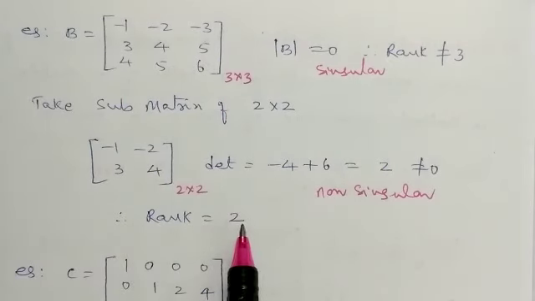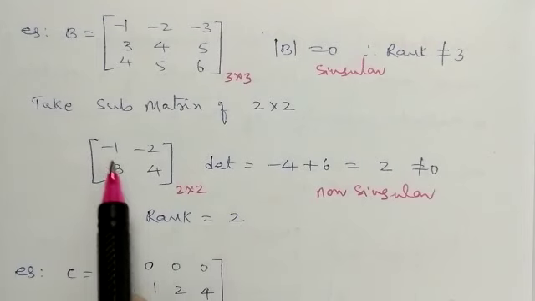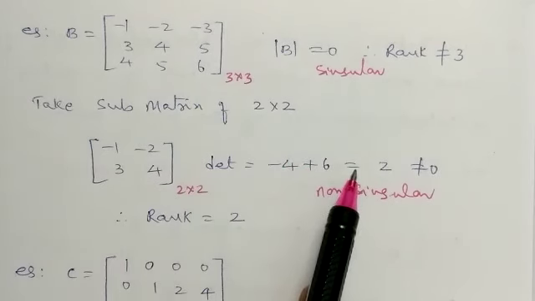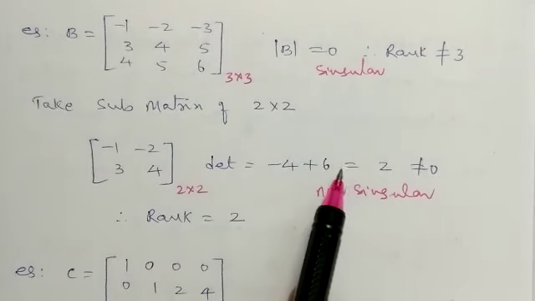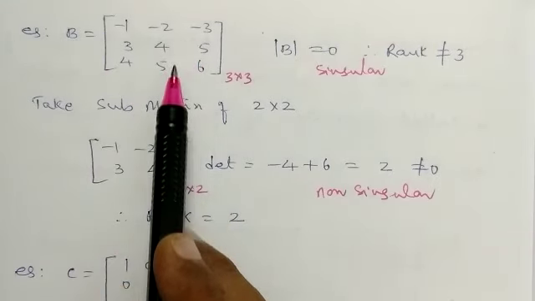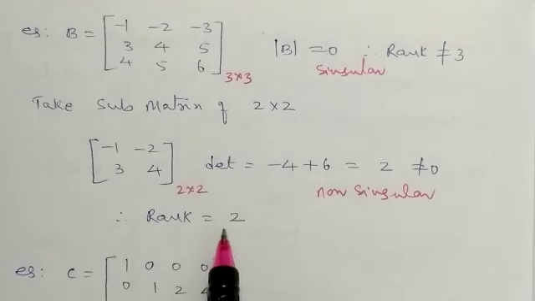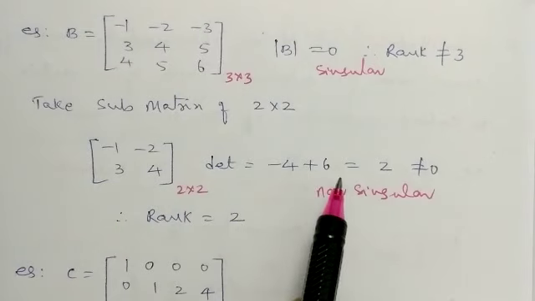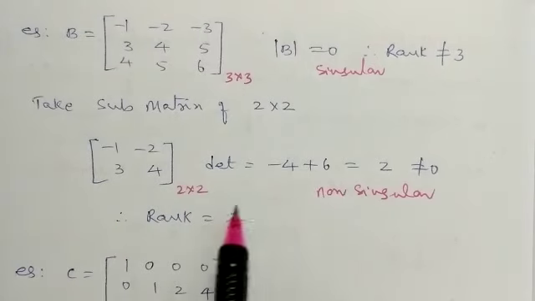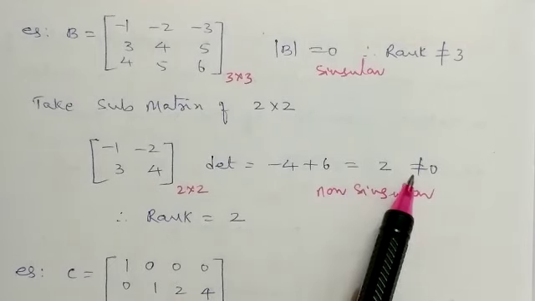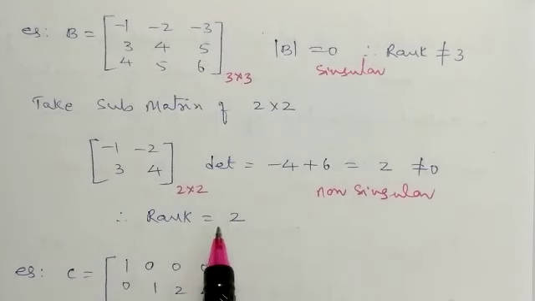If its det is 0, go for one more submatrix of order 2 by 2 and check whether its det is 0 or not. If it is 0, go for one more square submatrix of order 2 by 2 until you get det not equal to 0. Then the rank of the matrix is 2.